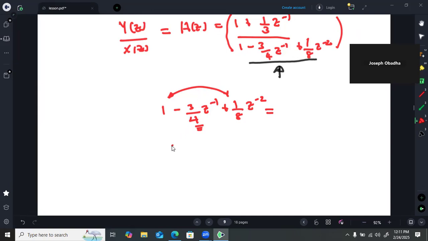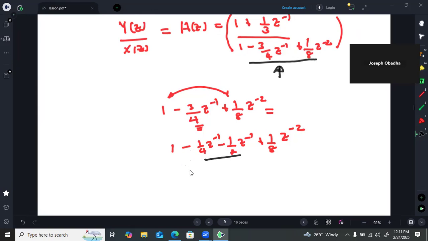I can have this as 1 minus 1/4 z^-1 times 1 minus 1/2 z^-1, because if we perform this, then you actually get minus 3/4. If you multiply them, you get 1/8, the coefficients. Yeah, we are talking about the coefficients.